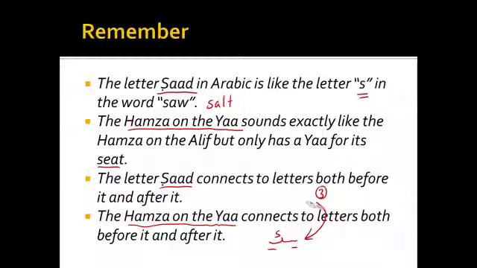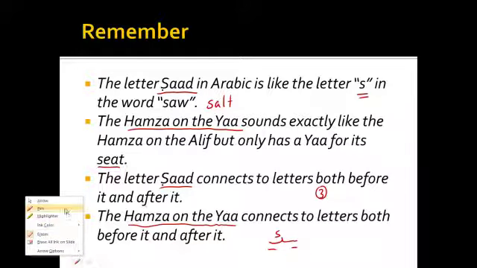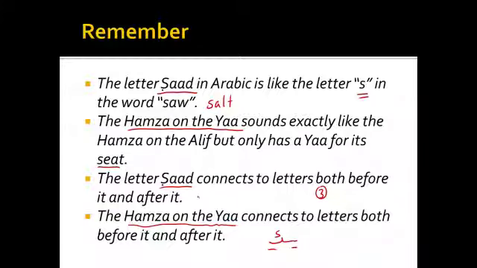And let's do that here. Okay, now let's go back. Okay, so in the third position, actually the Saad does connect just like that to the letter before it and after it. And in the third position for the Hamza on the Ya, it also connects to what comes before it and after it.